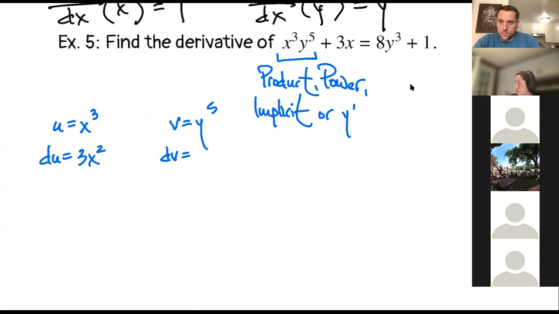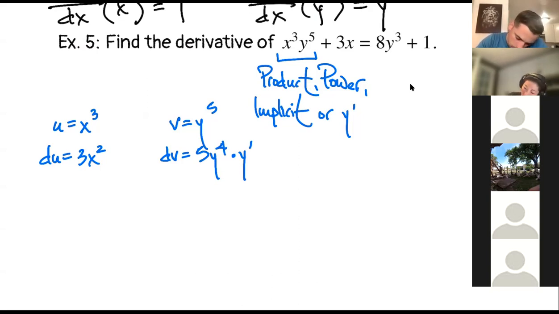All right, I see one brave soul has an answer here. Do we agree? Do we disagree? All right, so we're going to need the power rule here. So 5y to the 4th, but because y is a function that we just didn't want to solve for because it was so gross looking, times y prime, and that's where our chain rule comes in, okay?